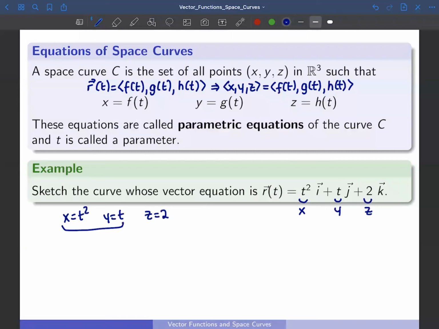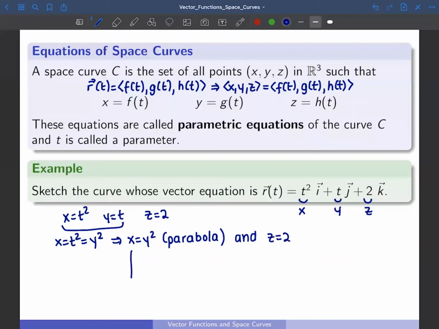Combining x and y, x equals t squared, and since y is equal to t, this is equal to y squared. So x equals y squared, which represents a parabola that opens in the direction of the positive x-axis, and also z equals 2.